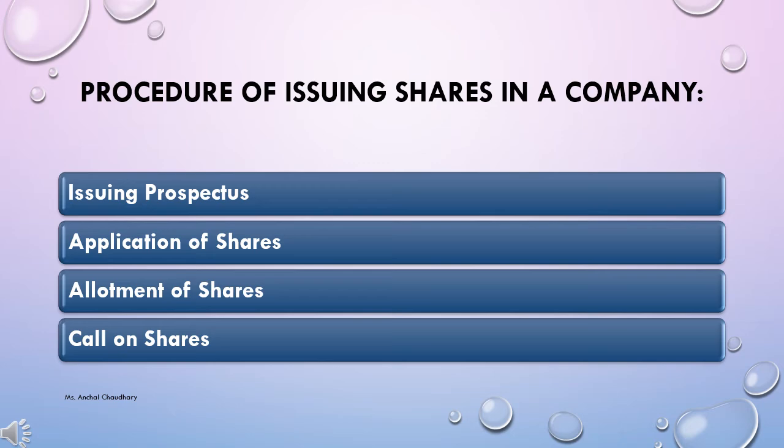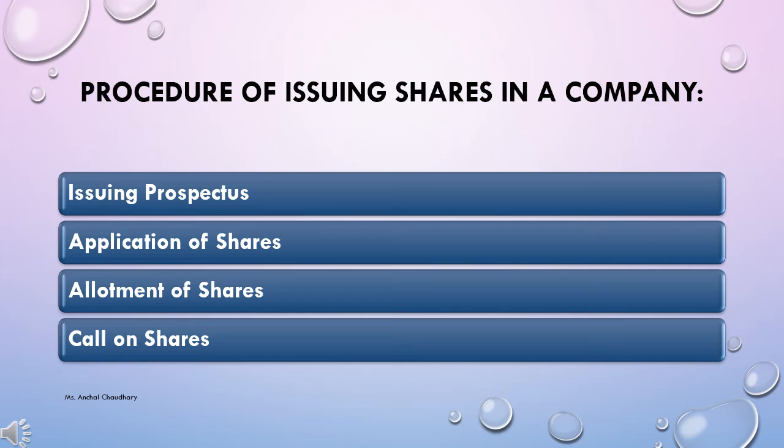You send them a reminder to fulfill payment of the remaining amount. Calls can be divided into two parts, three parts, or only one call, which will conclude the whole amount of the shares.